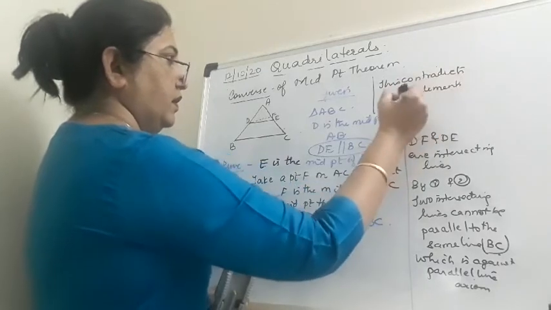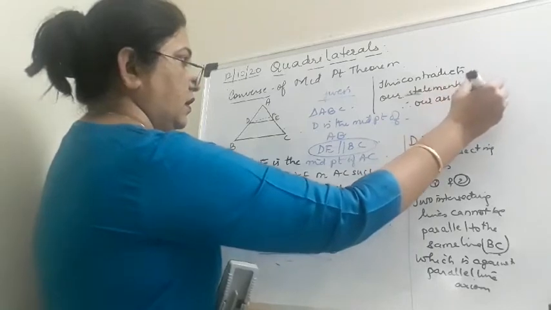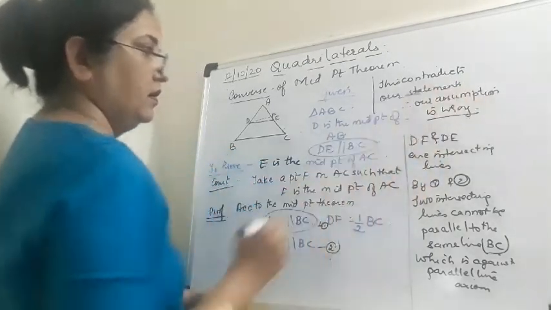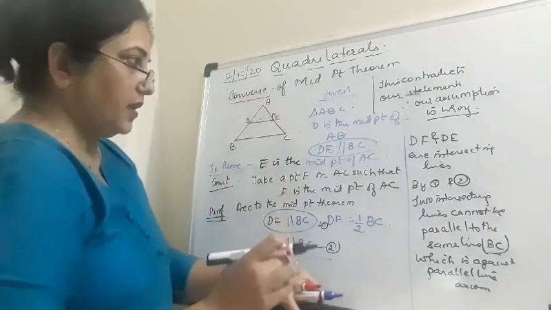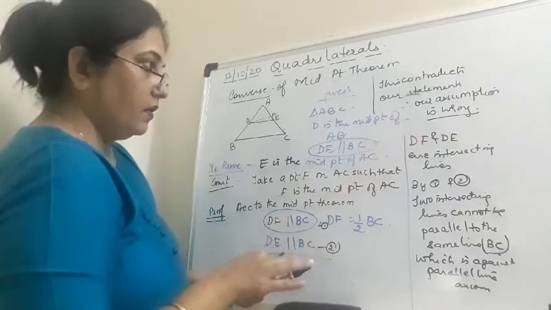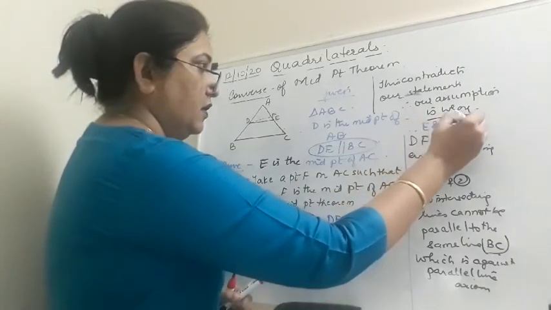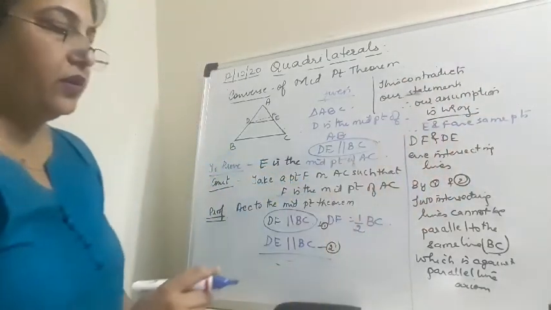Therefore our assumption is wrong. Therefore E and F are the same points. They are not two different points.